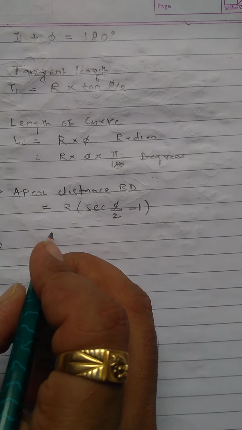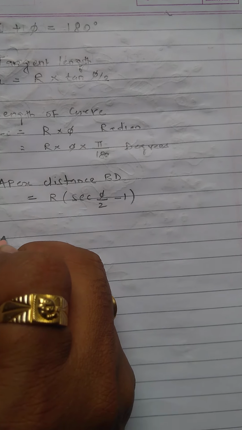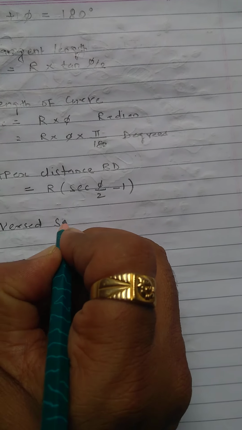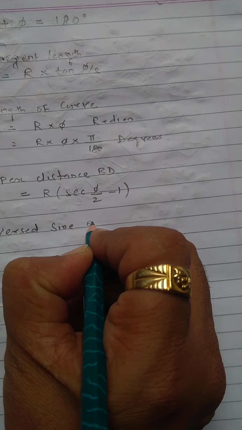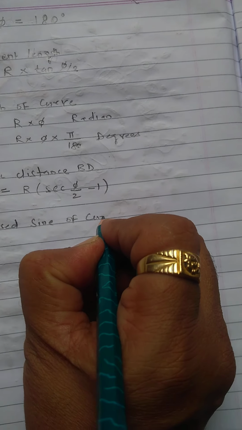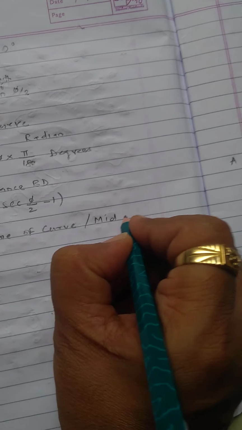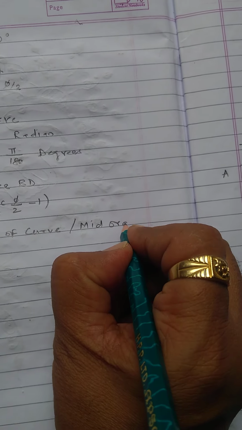Then go for the next relation. It is versine of the curve, or it is also known as mid ordinate.